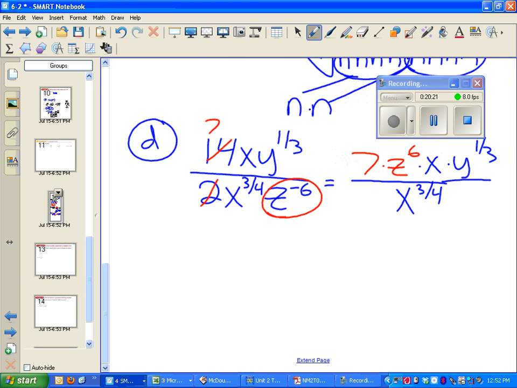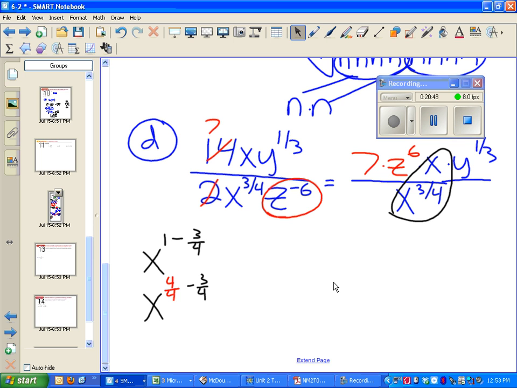So when you have x to the first and x to the 3/4, we can subtract those. So my little side problem, we can subtract the exponents. So we have x to the first minus 3/4. I need a common denominator, so this is going to turn into x to the 4/4. That's the same thing as 1, but now I have a common denominator.